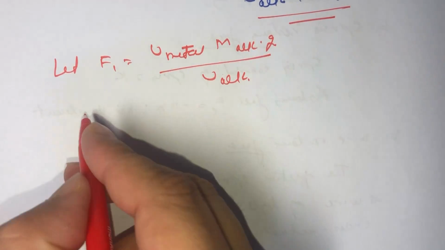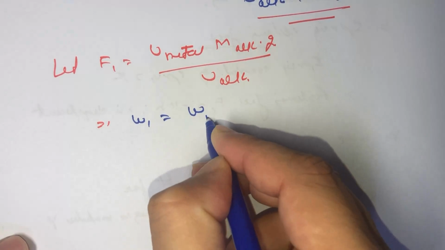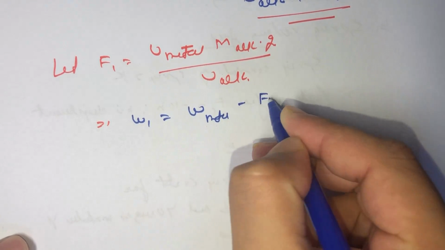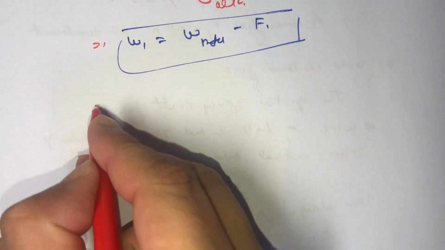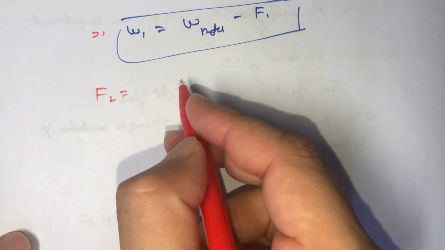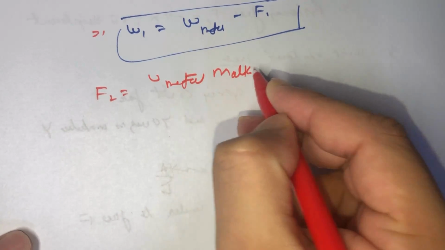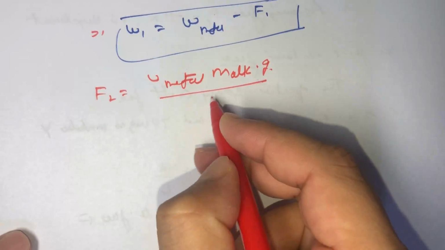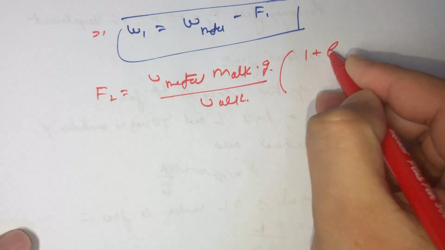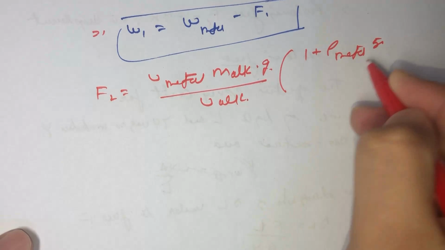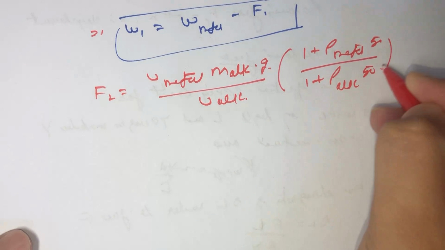Therefore, we can write that W1 will be equal to W metal minus F1, and F2 is our V metal mass alcohol multiplied by G divided by volume alcohol, and here we can write 1 plus gamma metal multiplied by 50 divided by 1 plus gamma alcohol multiplied by 50.